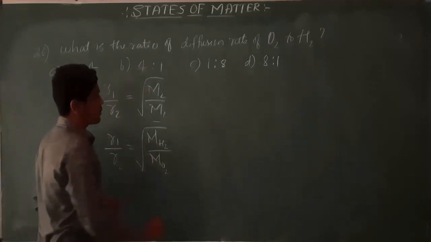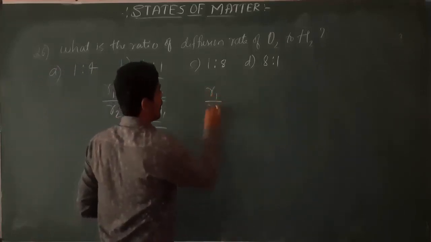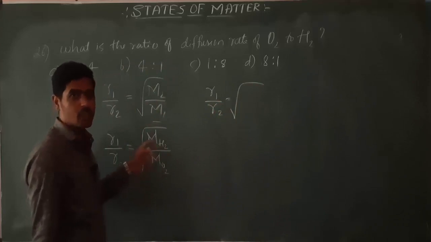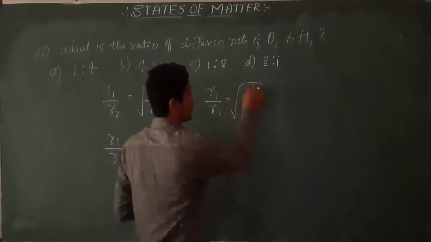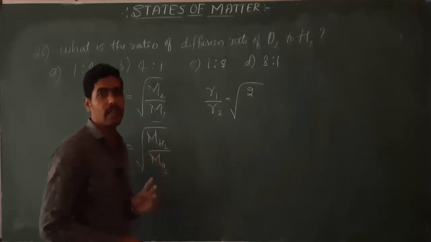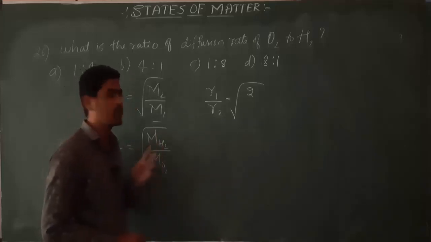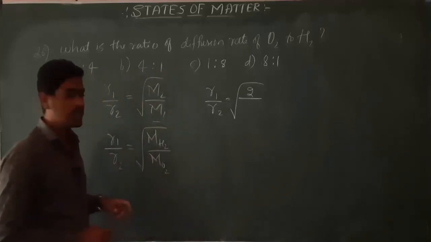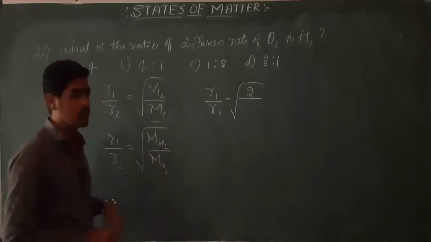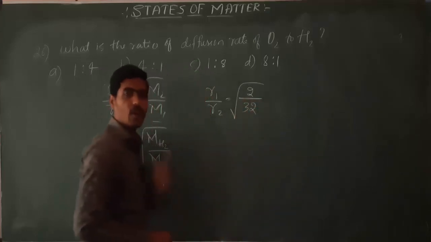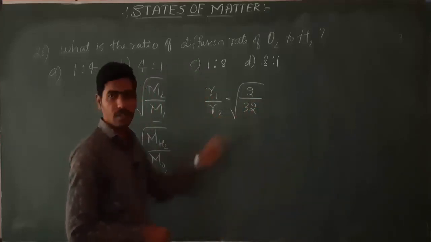Now substitute the molar mass values, that is square root of hydrogen H2, its molar mass is 2. Molar mass of single hydrogen is 1, 2 hydrogens are there, so it is 2, divided by molar mass of oxygen. O2 means it is 32. 1 oxygen 16, 2 oxygen 32.